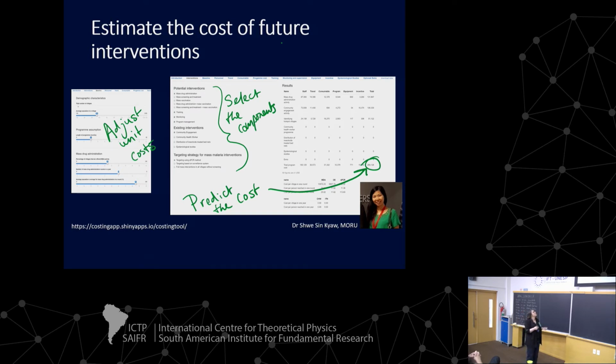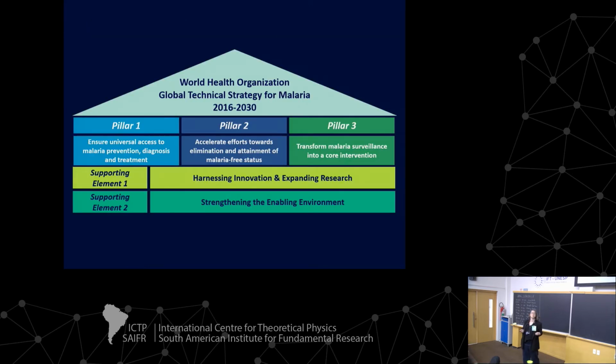And each user will make a different choice. But what we can do with this approach is come up with a cost associated with interventions that are under trial but haven't been done yet, so that we can project that cost if we include that in the package of interventions. Okay, so that's that bit.